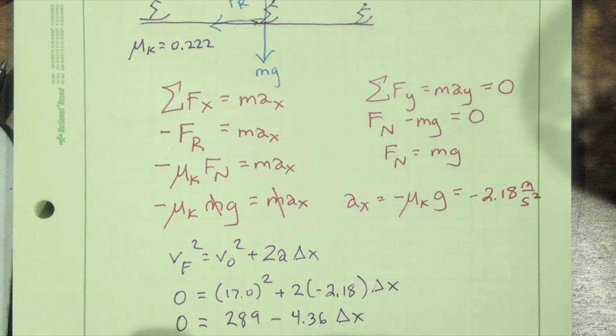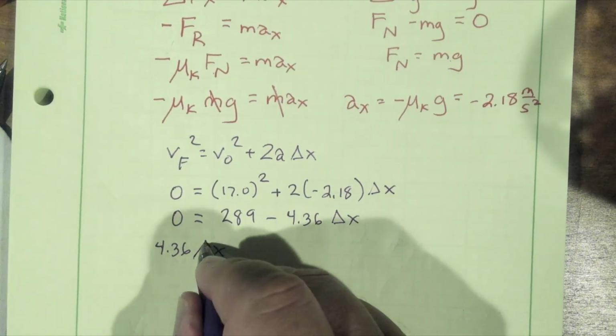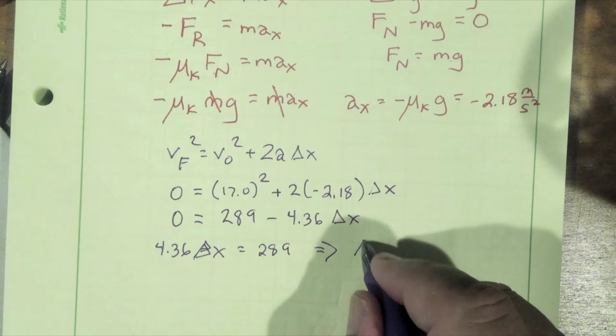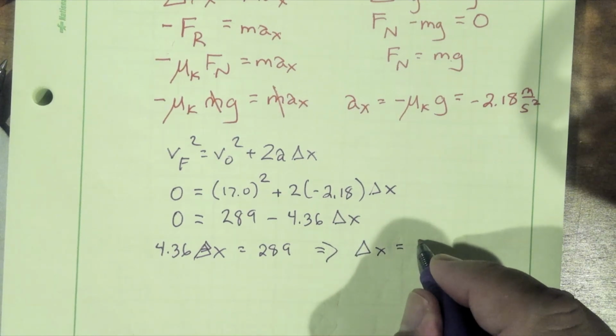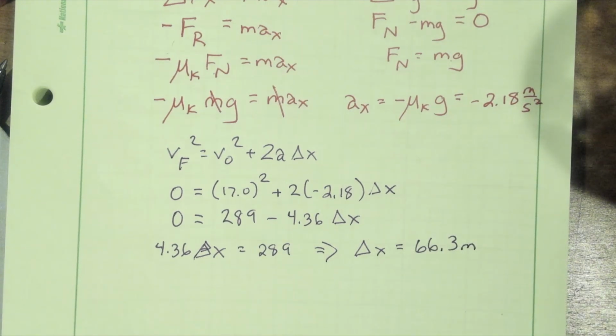We take this factor over here and it becomes positive, and we solve for delta x. And so we arrive at the conclusion that delta x equals 66.3 meters. So the snowboarder travels a distance of 66.3 meters before coming to a stop.